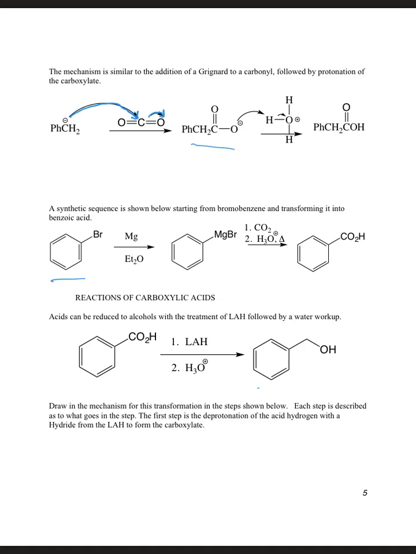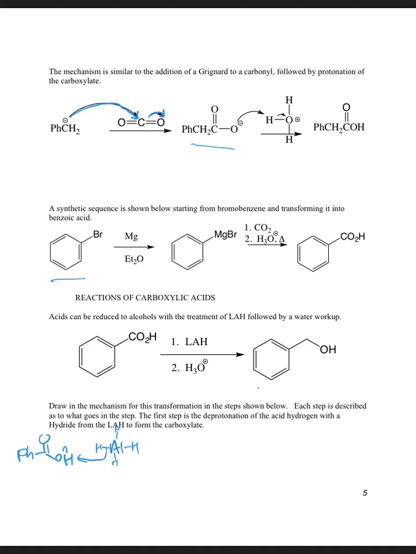So if we were to draw a mechanism for this, we could see that carboxylic acid, we know LAH has a very reactive H-. It's the most reactive of all.